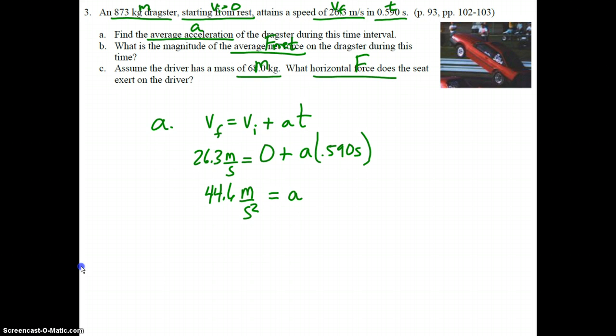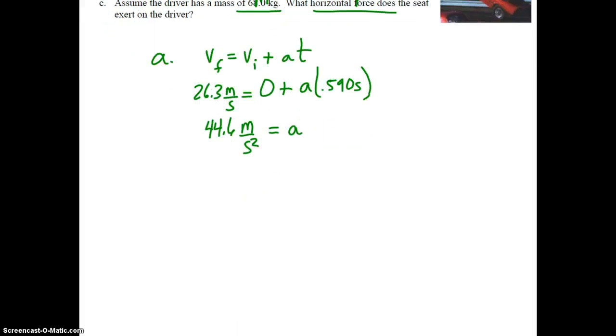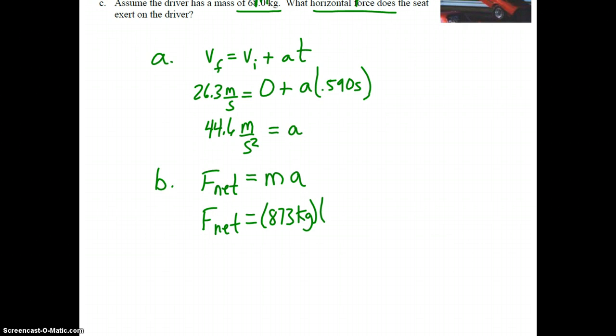Okay? B, what is the magnitude of the average net force on the dragster during this time? For B, the equation that relates net force, mass, and acceleration is F net equals ma. Substituting, we were told that the mass was 873 kilograms, the mass of the dragster, accelerating at 44.6 meters per second squared as calculated in A. Go ahead and solve for F net.